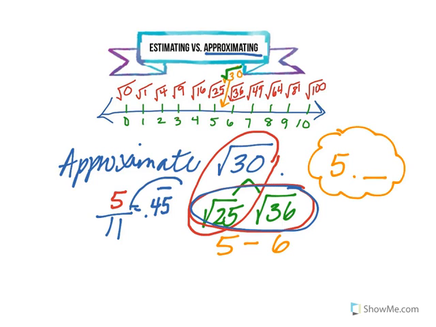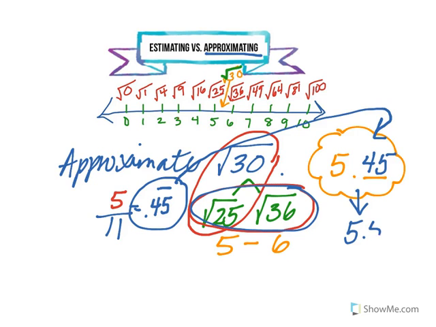And we can use this to the right of our decimal place to approximate. So our answer for the square root of 30 would be 5.45. Or we could round that to 5.5. And that's how you approximate.